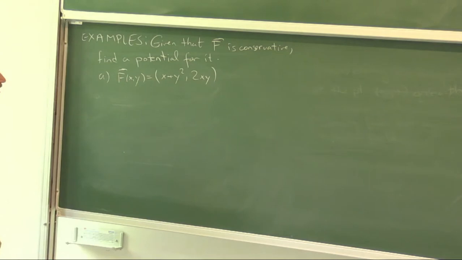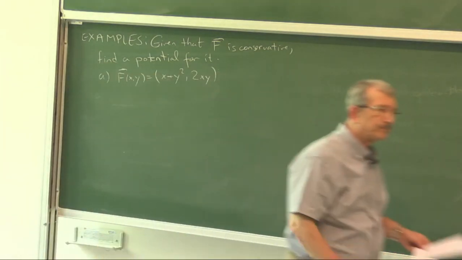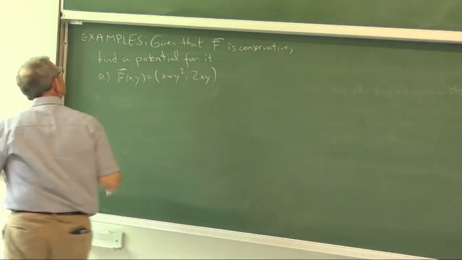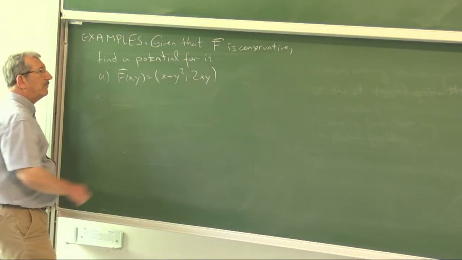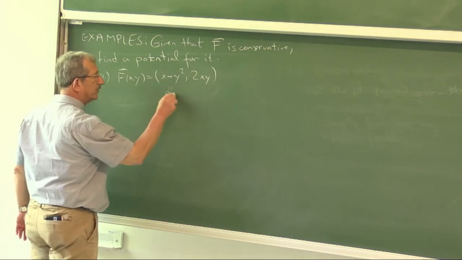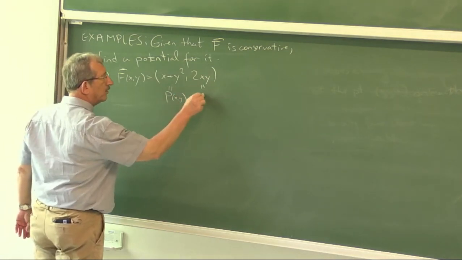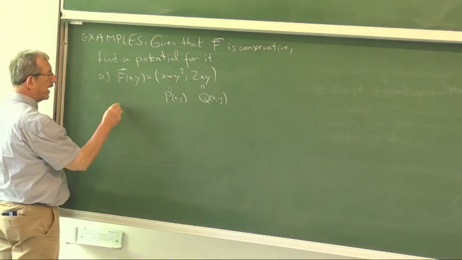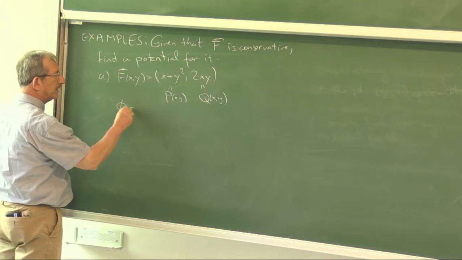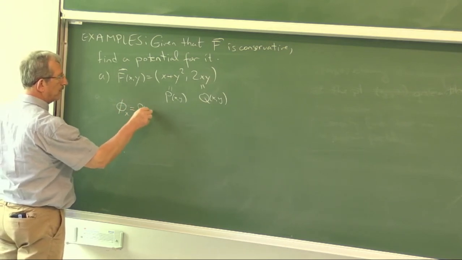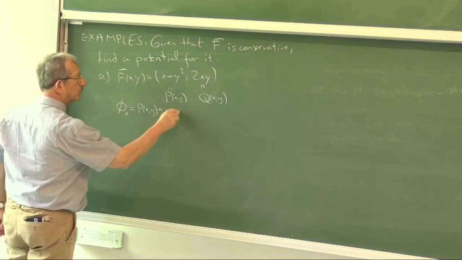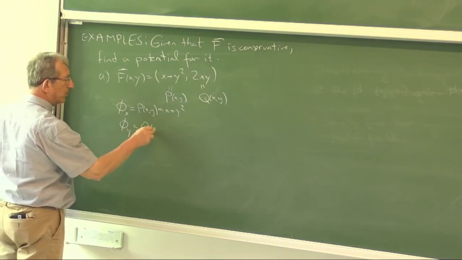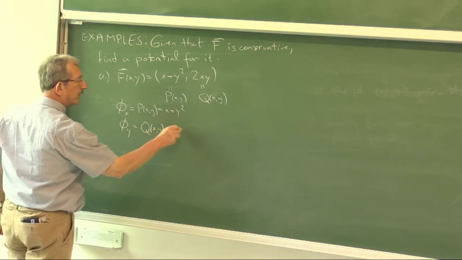Now, how do we proceed? Well, let us check what is given in the first place. Namely, this is our P function, this is our Q function. And we know that phi sub x is P(x, y), which is x plus y squared, and phi sub y is Q(x, y), which is 2xy.